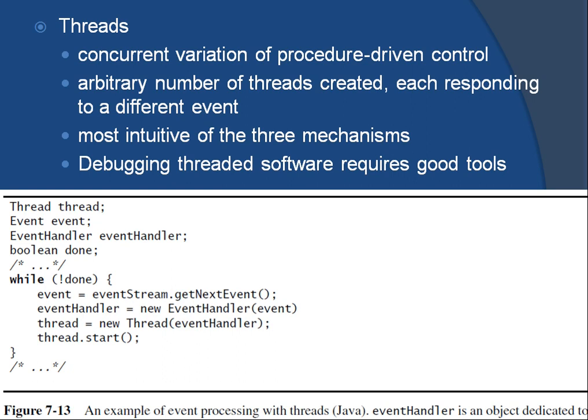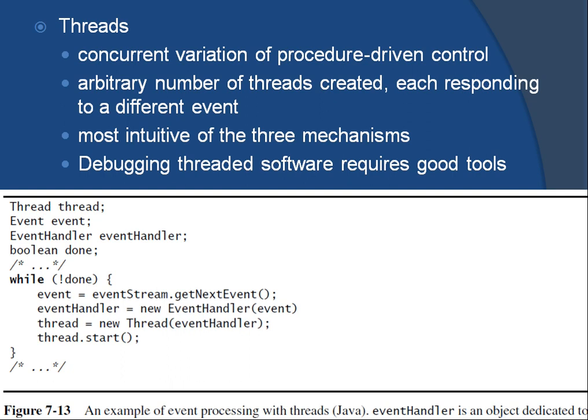An arbitrary number of threads are created, each responding to a different event. As many events as we have, that many threads we have in the system. For every event, we have a thread of execution.